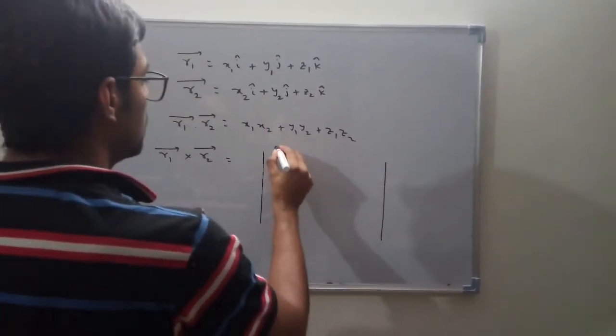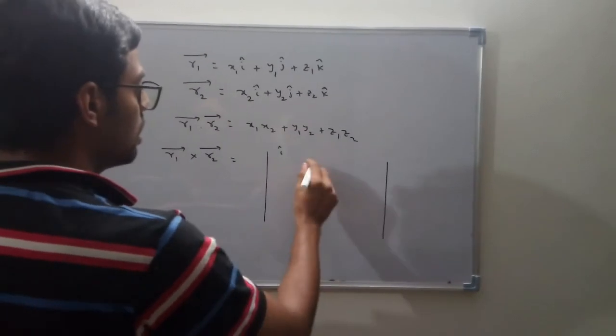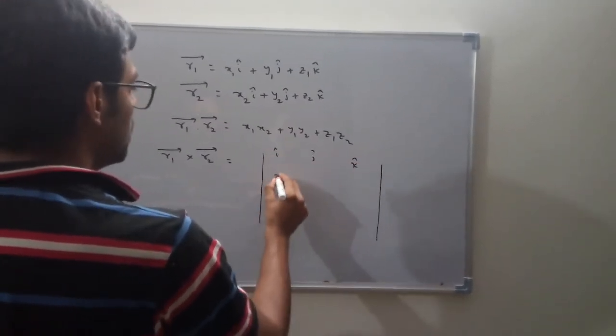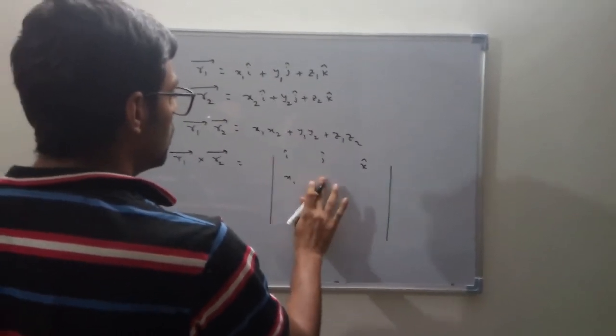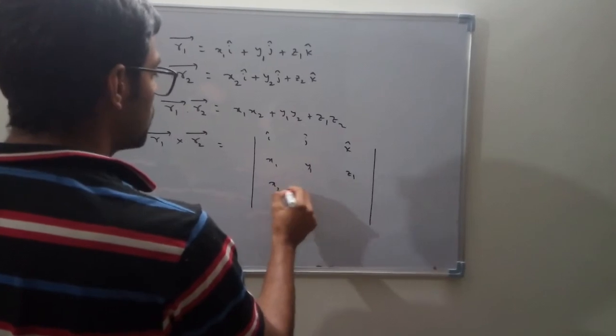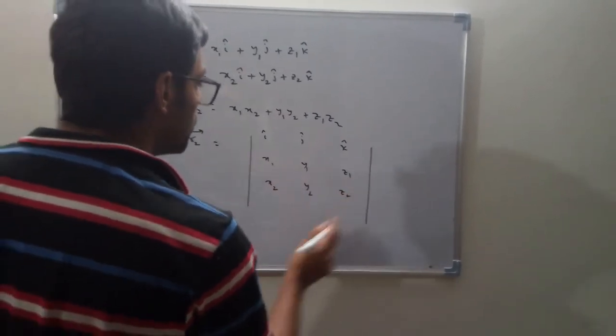Suppose it is a 3 cross 3 determinant with i, j and k. Then x1, y1, z1, and x2, y2, z2.